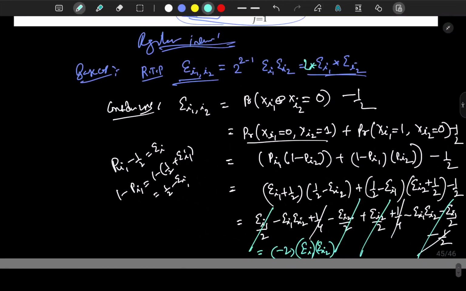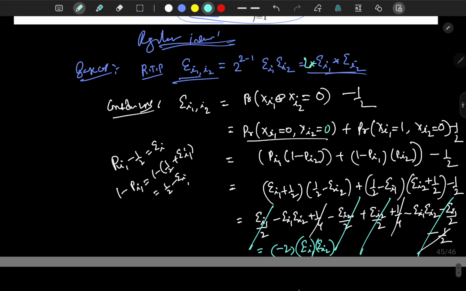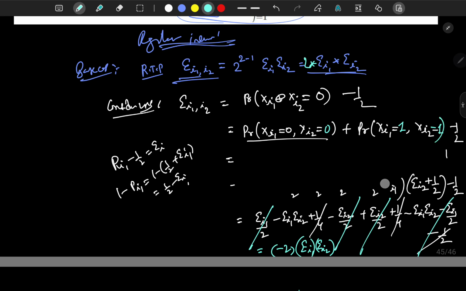See, the 1 minus is extra. Now I am figuring out why it came. Actually, this is 0. A very bad mistake.